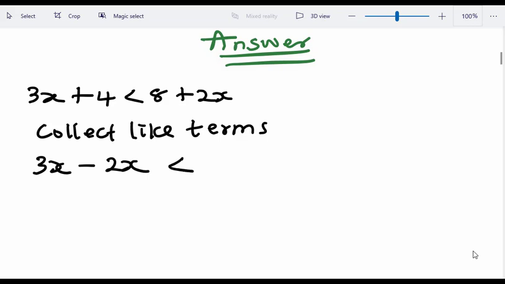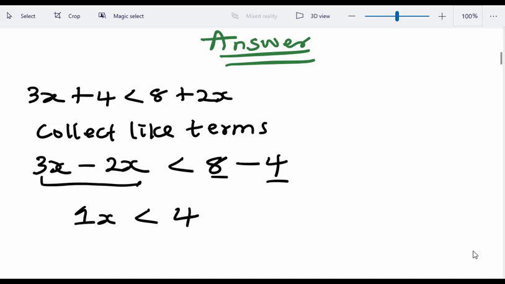We bring down the less than inequality sign. We have our 8. This 8 is waiting to receive 4, or plus 4. For plus 4 to meet this 8, it must also cross this sign, and once it does that, the plus sign changes to minus. So this minus this will give you 1x less than this minus this, which will give you 4.